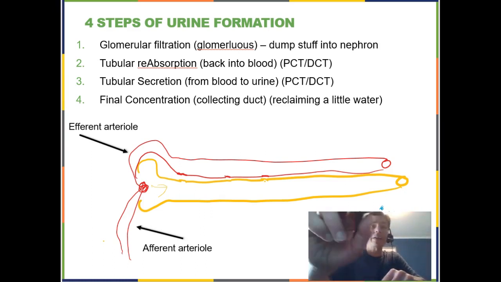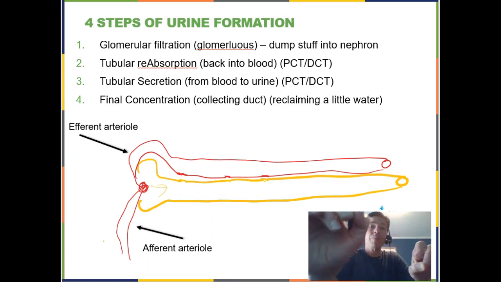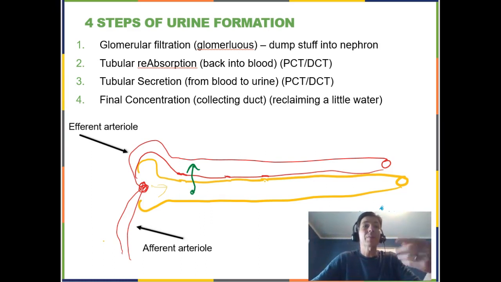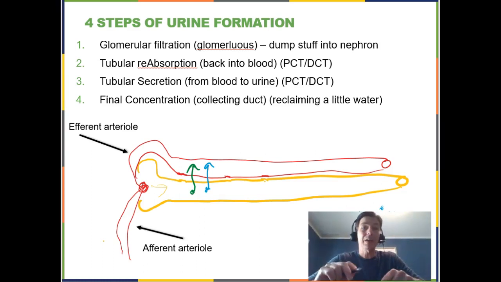So as the filtrate is flowing through the tubule, one of the things that happens is called tubular reabsorption, where stuff like the sodium that you want to keep is pumped back into your bloodstream. If the sodium is pumped back into your bloodstream, this creates an osmotic gradient, and then water is going to follow.